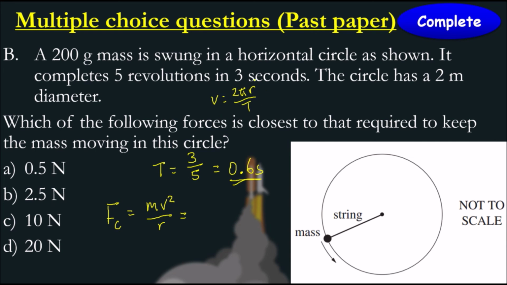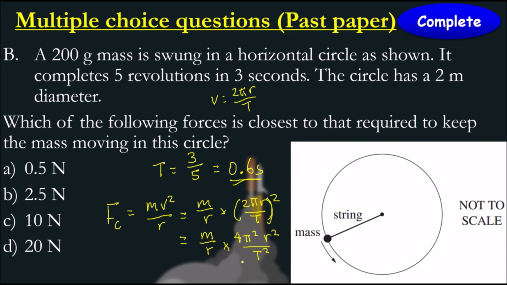So I can substitute this into the equation, so it's m times r times (2 pi r over T) squared. Because I don't have velocity here, you could substitute the numbers now, or you could cancel everything out. Just for simplicity's sake, I'm going to show you what the equation ends up looking like.